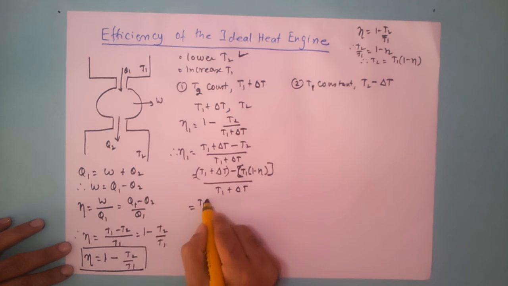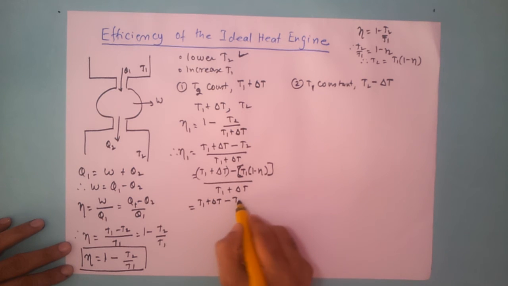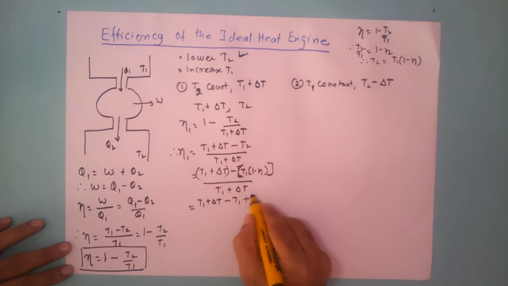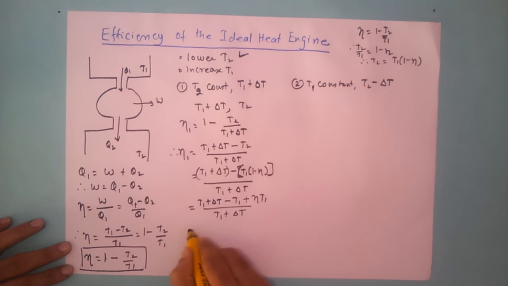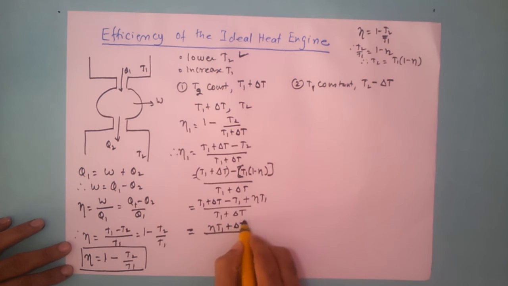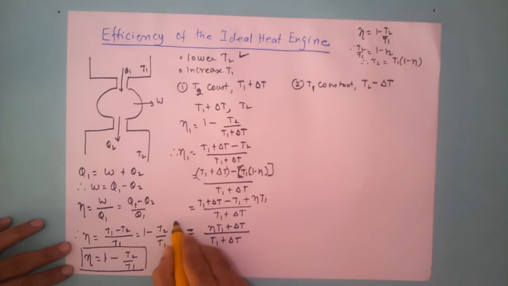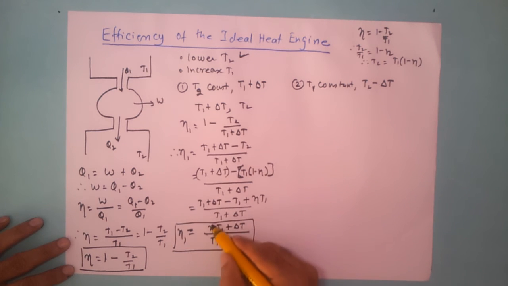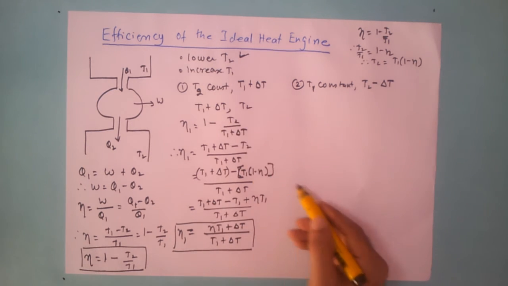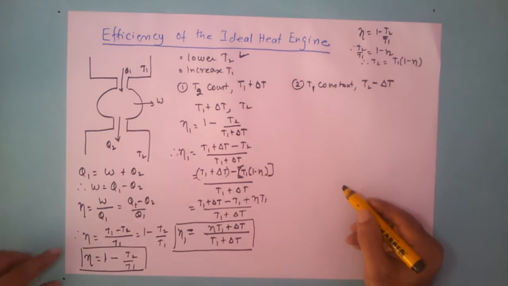So I'll get T1 plus delta T minus T1 plus eta T1 upon T1 plus delta T. T1 minus T1 will get cancelled and I'll get eta T1 plus delta T upon T1 plus delta T. So this would be the new efficiency, the original efficiency into T1 plus delta T upon T1 plus delta T. This will give us the new efficiency when we keep T2 constant and we increase T1 by delta T.